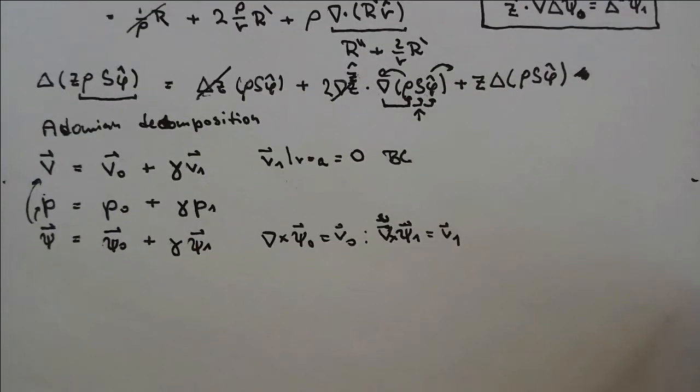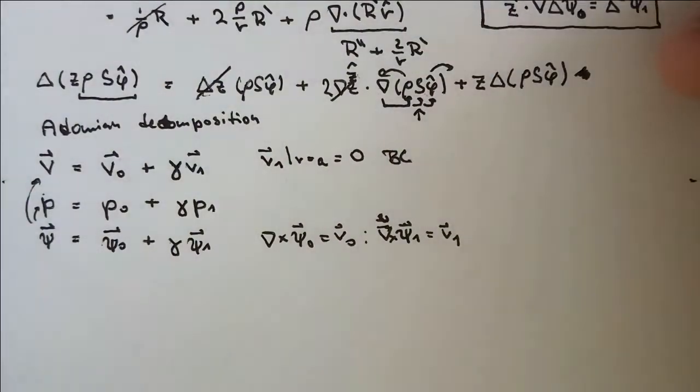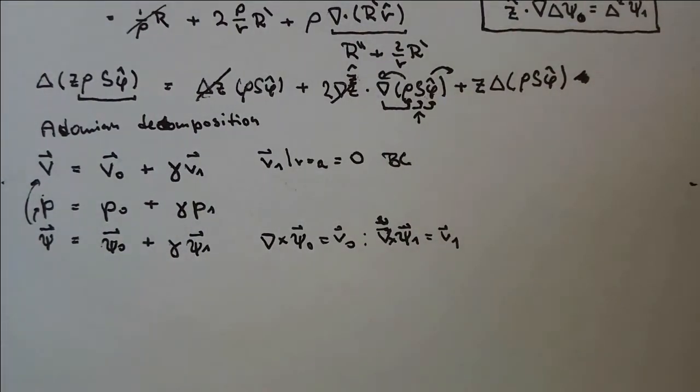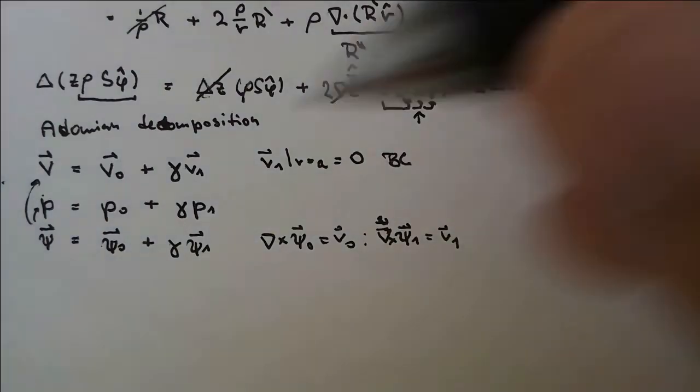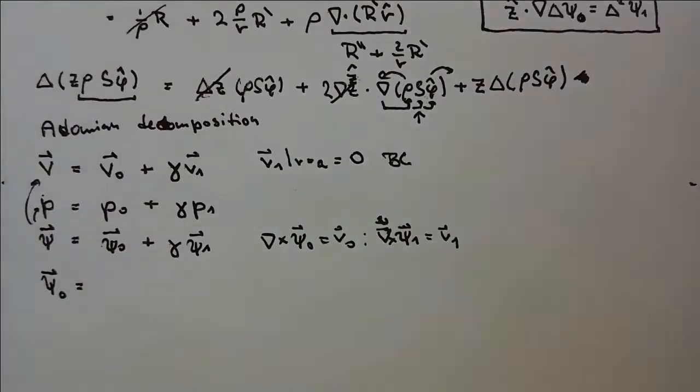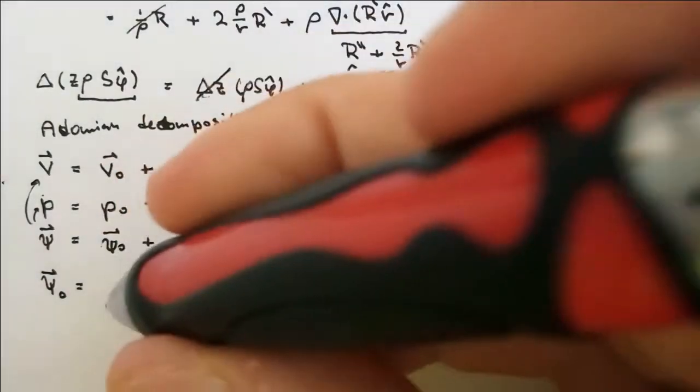So firstly, I have to remind you, you can check my video on the Stokes law, but never mind, I will write it right here. What was the solution? The solution for Stokes flow was this. Psi 0 was in this form.